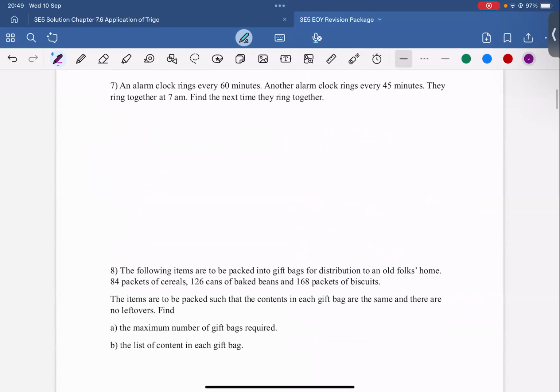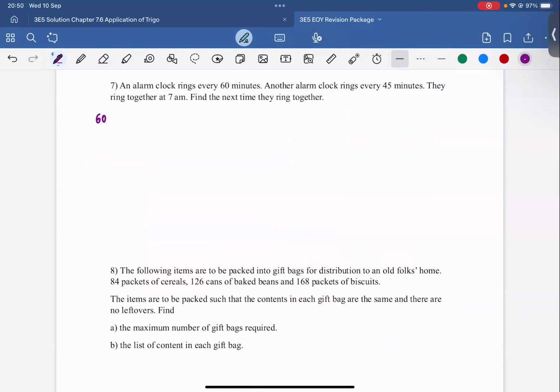Okay, so this part starts with the application of your prime factors. An alarm clock rings every 60 minutes. Another alarm clock rings every 45 minutes. They ring together at 7 a.m. What's the next time they ring together? If you don't know this kind of question, what do you do?